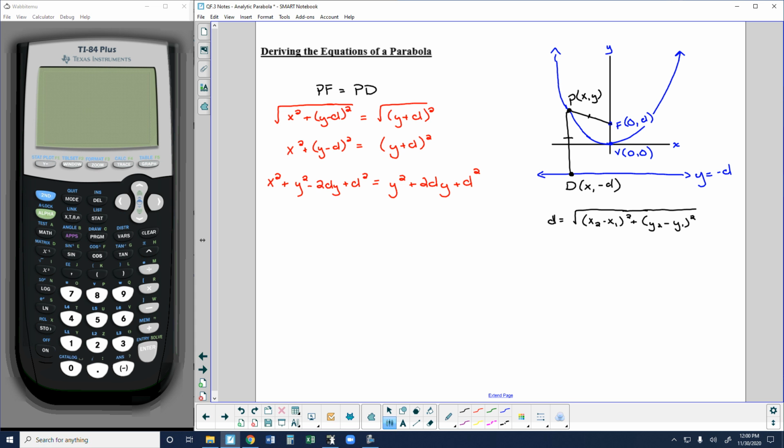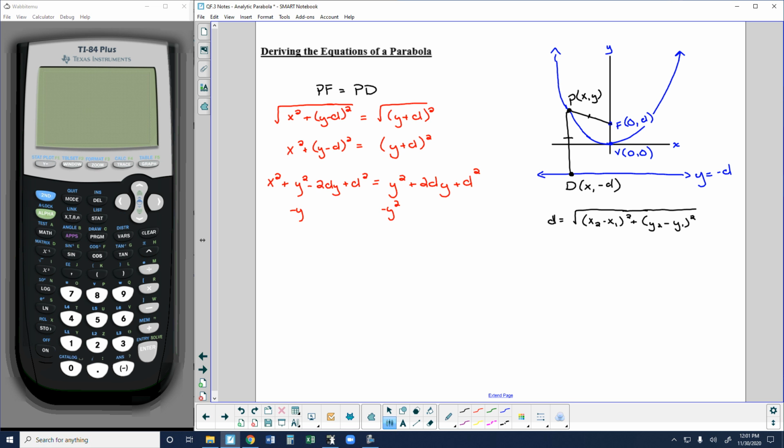Now, I may notice that some of these terms are the same on the left side of the equation as they are on the right side of the equation. And remember, with most equations, we try to get y by itself. So what I'm going to do here is move all of the y pieces over to the left side of the equation. I'm going to move everything else to the right side of the equation to get the y's on one side and everything else on the other.